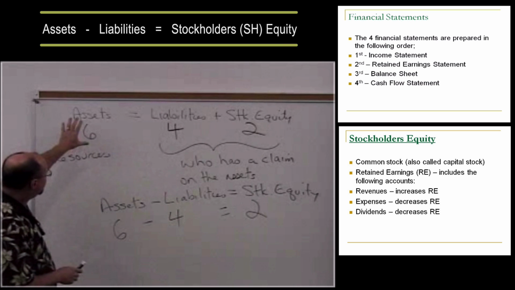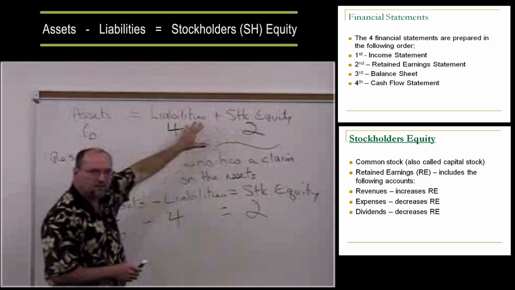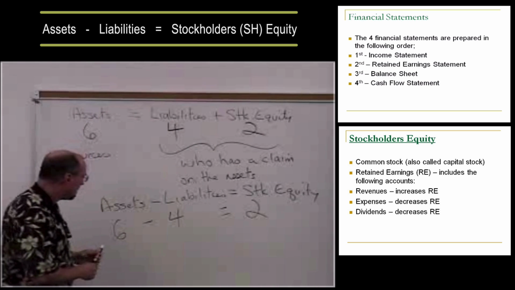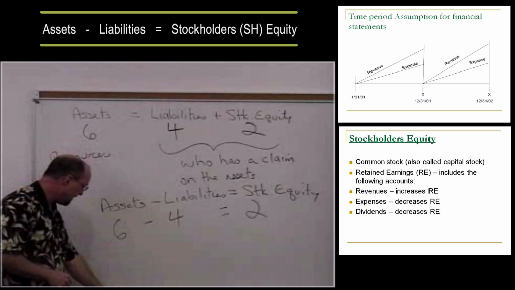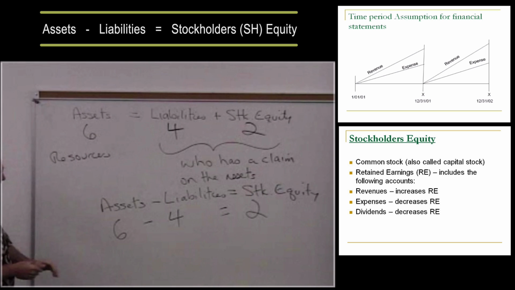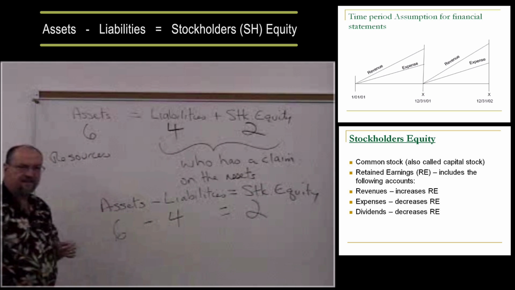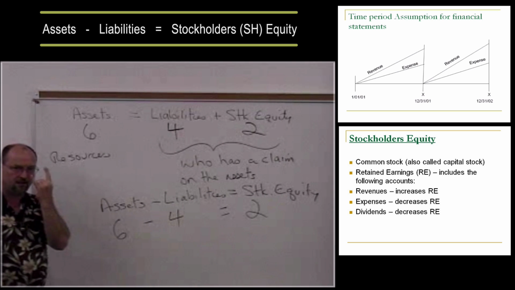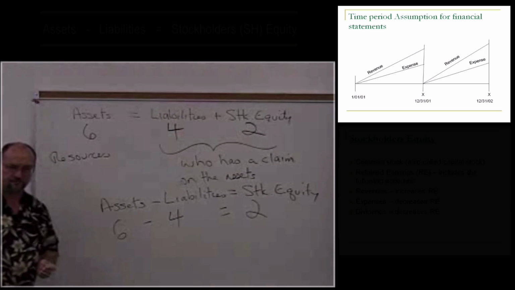Okay, but this is the format of the equation we spend most time talking about. Assets equals liabilities plus stockholders' equity. And every transaction that takes place in any business falls within this equation because every transaction has to involve at least 2 or more different accounts.